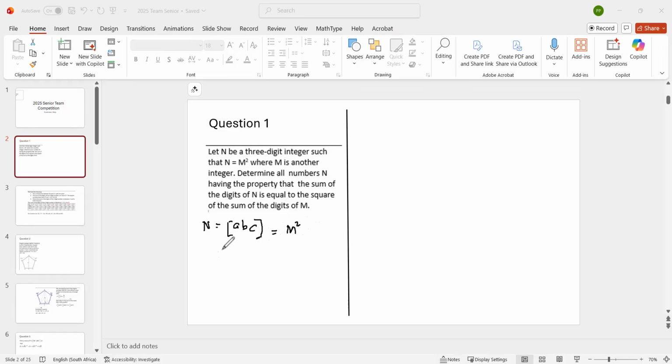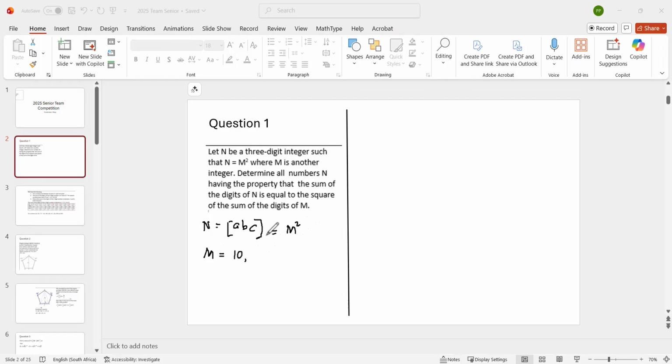All right, so m, the lowest value m can have is 10. 10 squared is 100, and that's the lowest 3-digit number. So m can be 10.